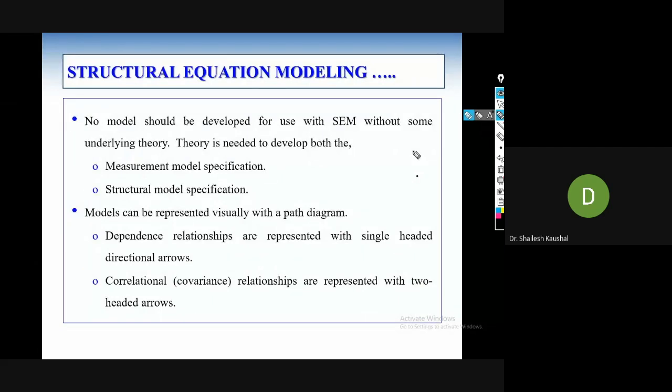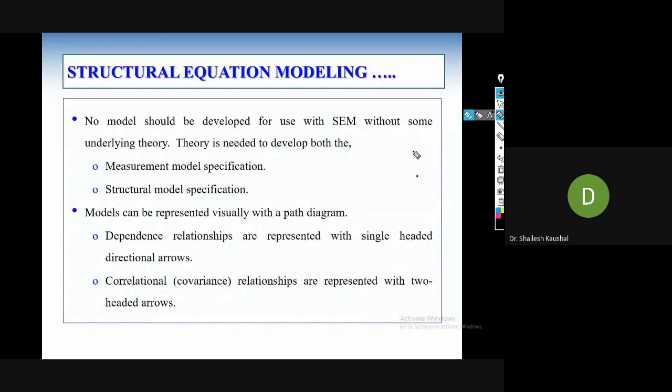No model should be developed for use with SEM without some underlying theory. It means theory is needed to develop both the measurement model specification and the structural model specification. Basically, there are two things in a structural equation model: the measurement model and the structural model.